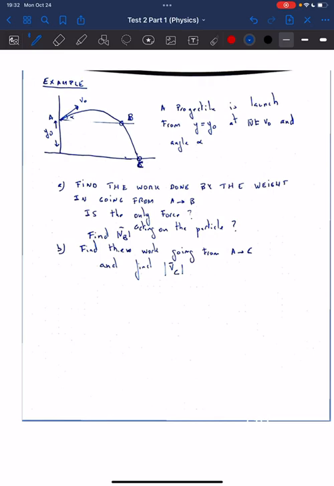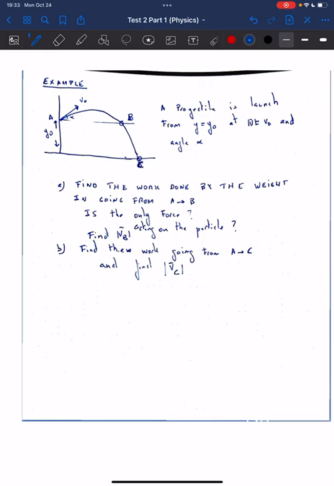We're going to do the change of x, the change of y, the first vector and the final vector. We're also going to do mg and the change of y. We're going to put it all in one big equation. Now we are also going to use work equals the change of kinetic energy, which in this case will be 0 since there's no change. It will be the same, but we're going to have to rewrite it.